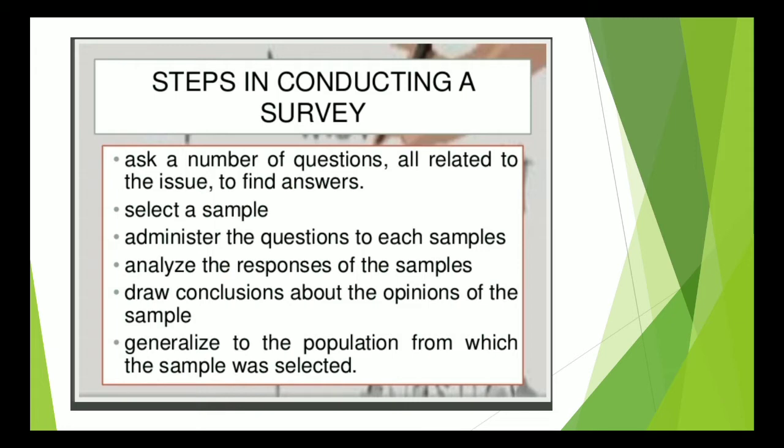So for example, if the consumers are saying that the product lacks in quality or it does not meet the purpose, then on the basis of their opinion, the company is going to do some changes in their products, and then they are going to generalize it to the overall population. So this is how the steps are there in conducting a survey.